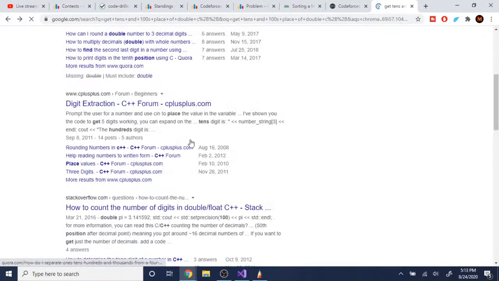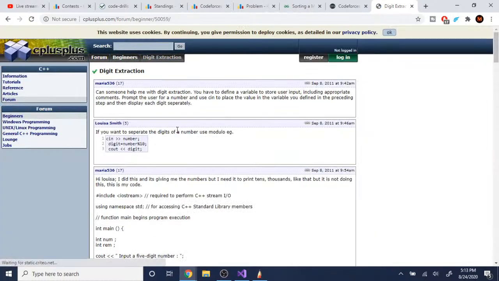That's not what I want to do. I don't want to do another code. Digit extraction. Yes, that's what I want to do.